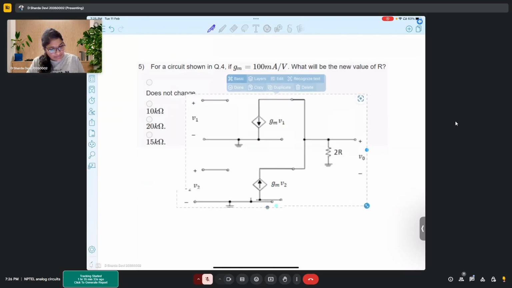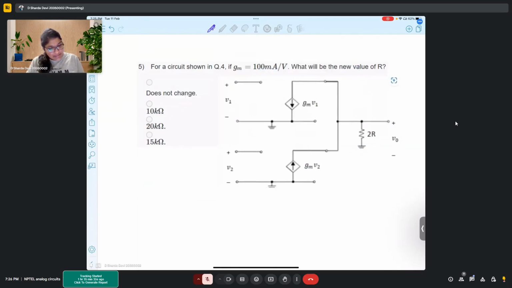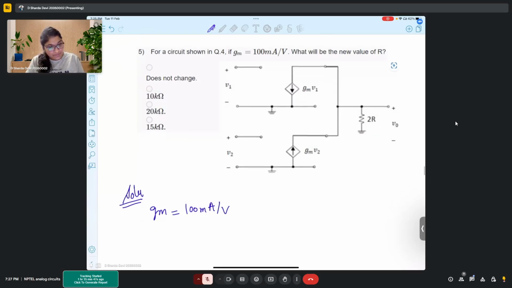Okay. So in this circuit, it is said that GM is 100 milliampere per volt. It's given that GM is 100 milliampere per volt, and we already know that V naught is 2000 (V2 minus V1).